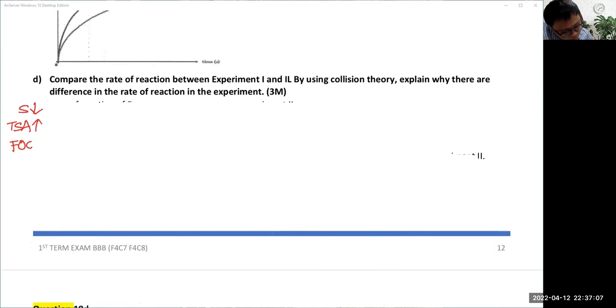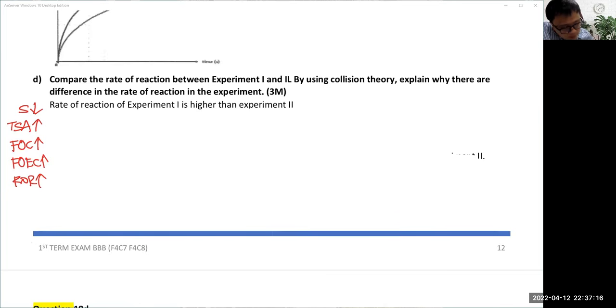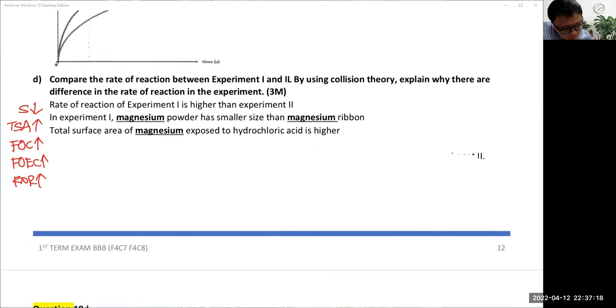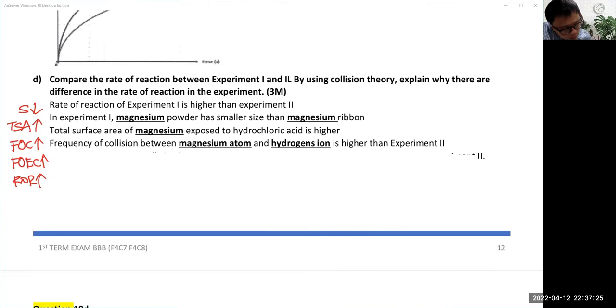Then frequency of collision higher, frequency of effective collision higher, then rate of reaction higher. So first one, the size: magnesium powder has smaller size than magnesium ribbon. So the total surface area of magnesium exposed to hydrochloric acid will be higher. So frequency of collision between magnesium atom and hydrogen ion is higher in experiment 1.